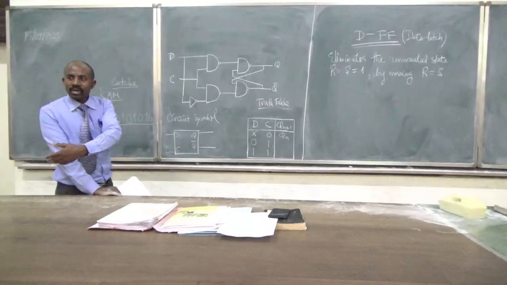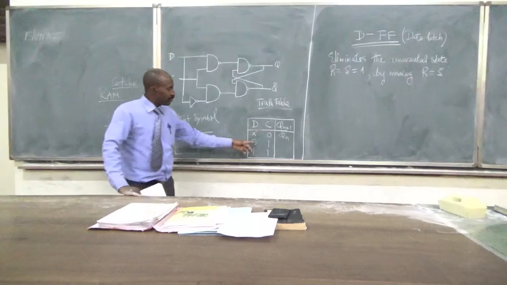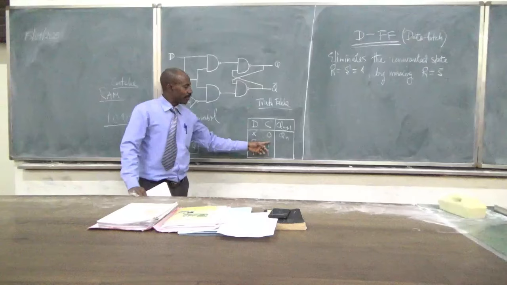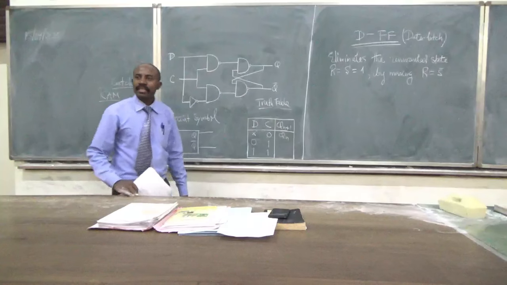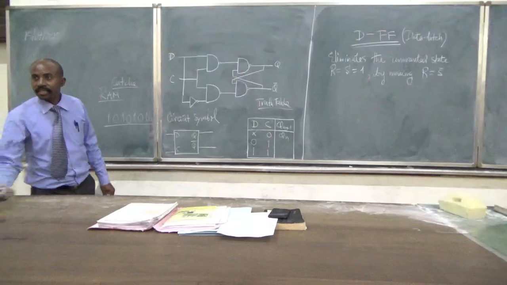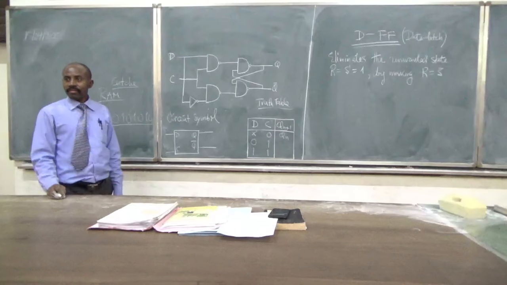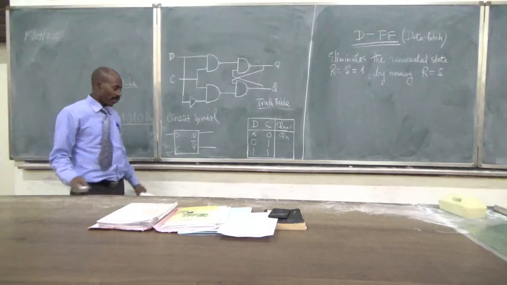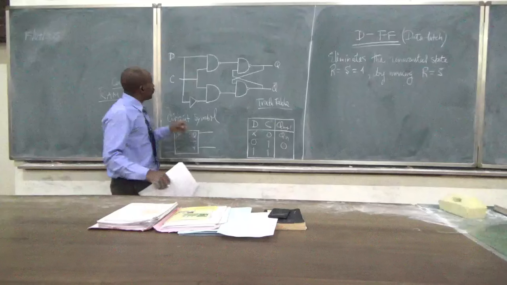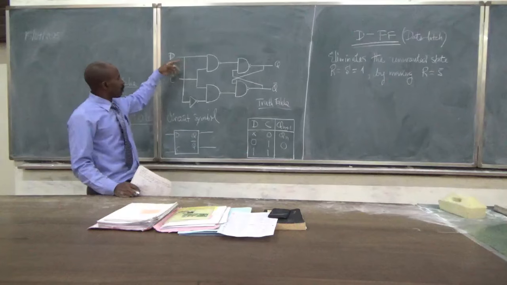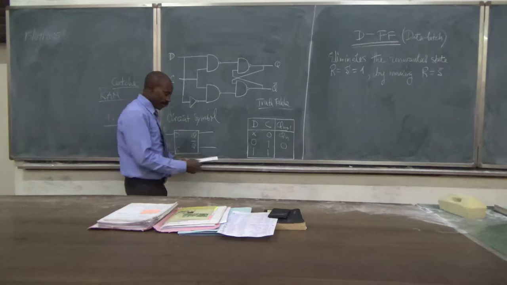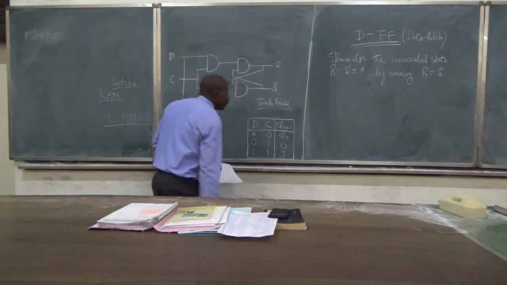I mean, would we have an output, like a next state? Then we have nothing. But if we have set and we have a clock pulse, then we get something high.